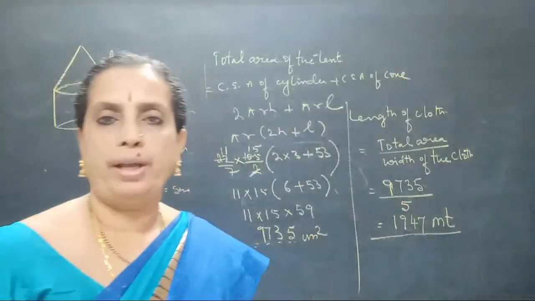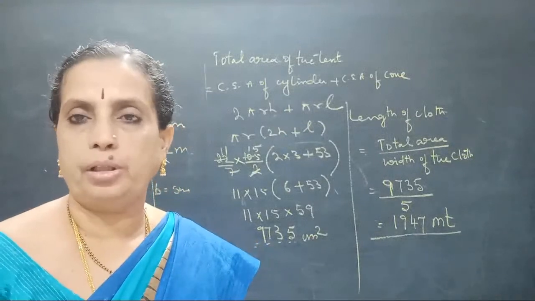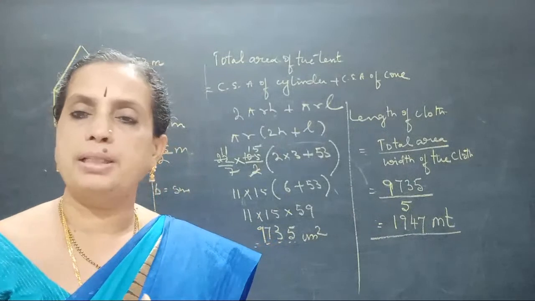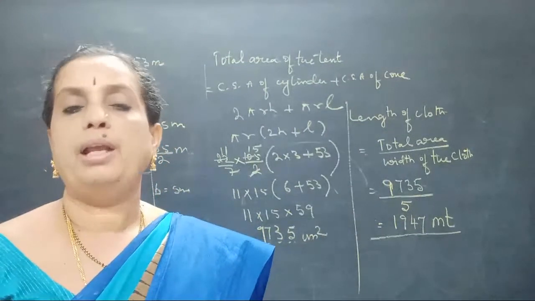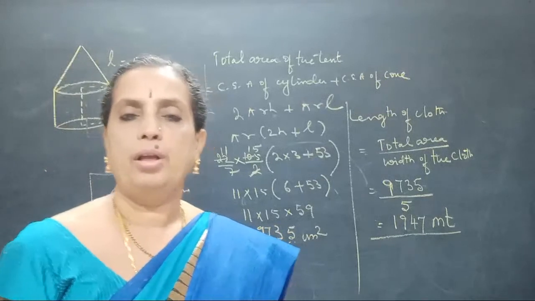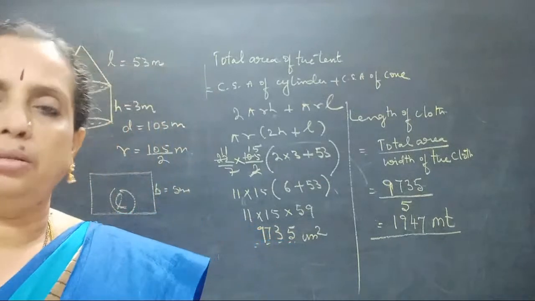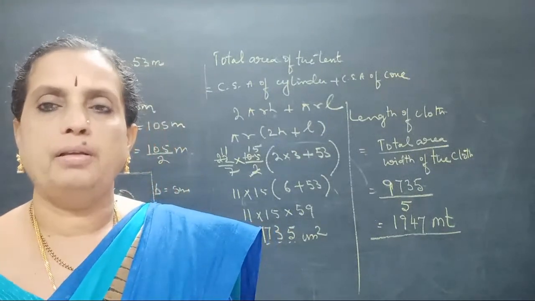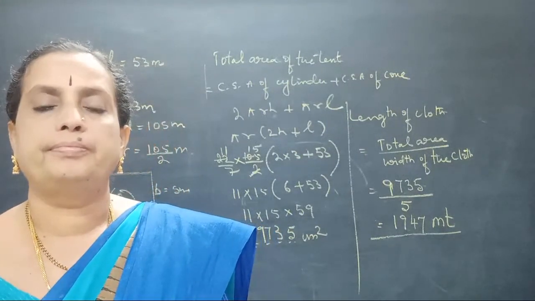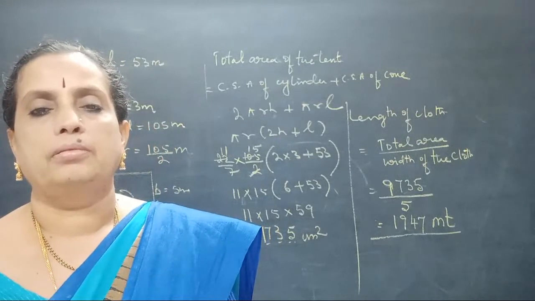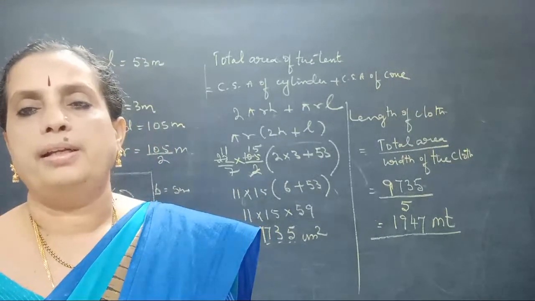Is it clear now why we should divide by width of the cloth? After getting the total area of the cloth required, that is L into B, we require L. So total area divided by width of the cloth, you will get length of the cloth. Okay? Is that clear to everybody?